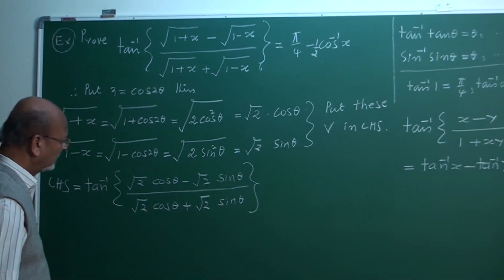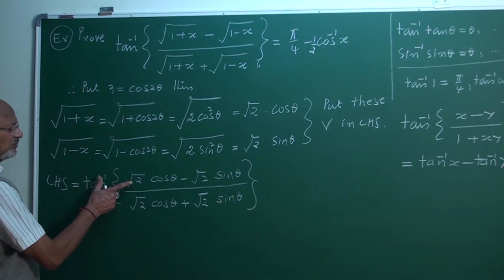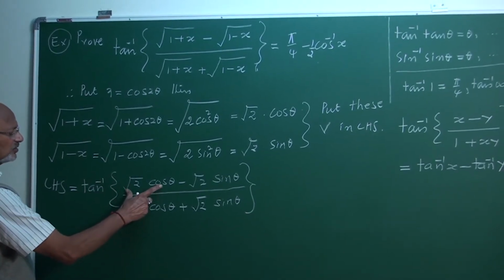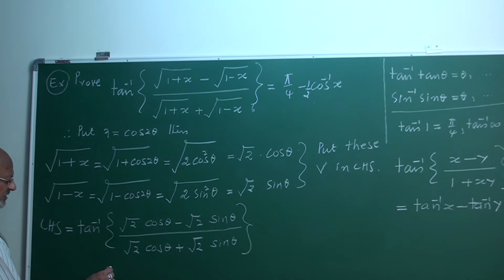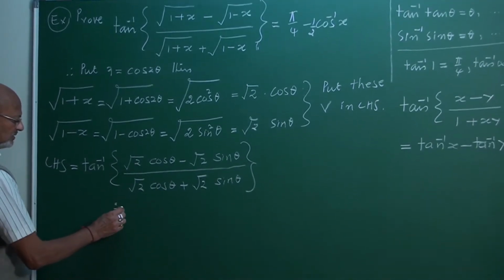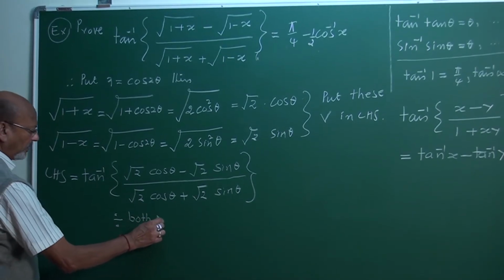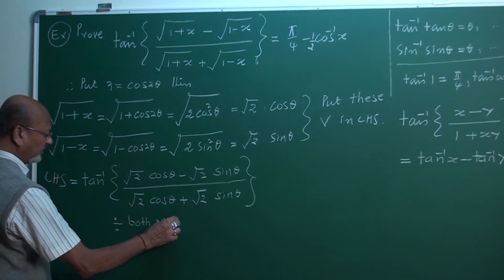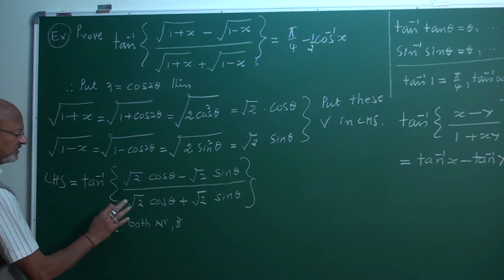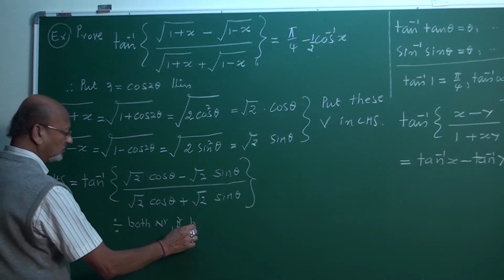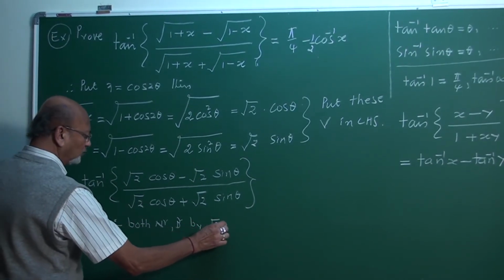Yes, my friend. In this case, you have to divide both numerator and denominator by what? Root 2 cos theta. Divide both numerator and denominator of this bracket by root 2 into cos theta.